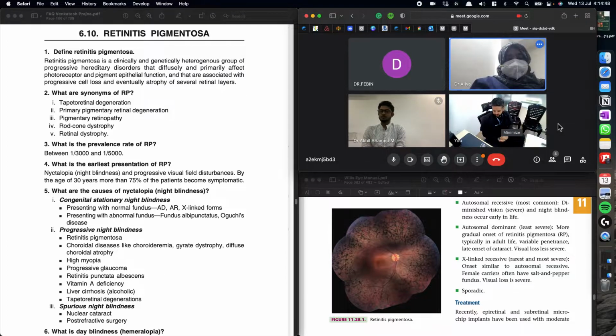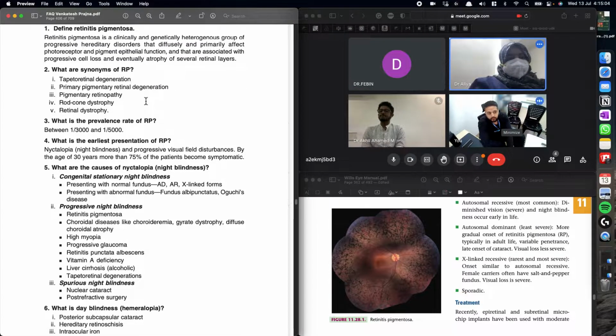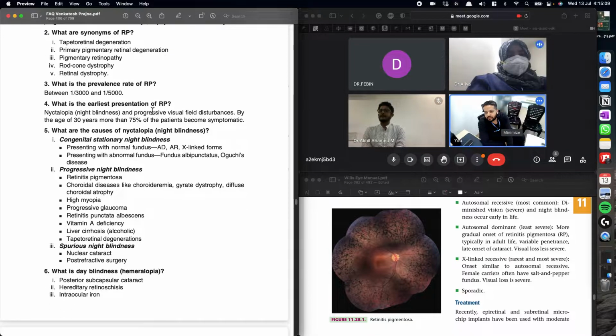Okay. So then I would like to ask you, how many types of photoreceptors are there? Two, rods and cones. And classically in RP, which type of photoreceptor is affected? Rods. And what is the main function of rods? Photopic vision.